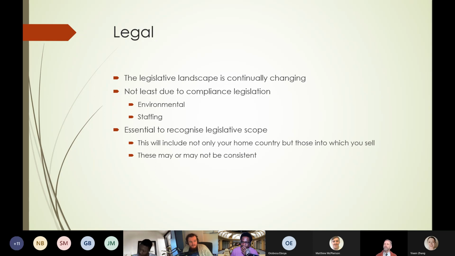Are there changes to pensions? Because now every business has to enrol their staff in a pension. So you need to understand the legislative landscape and do something about it. And often, as I mentioned in the other module that you took with me, that legislative landscape might not just be where you are.